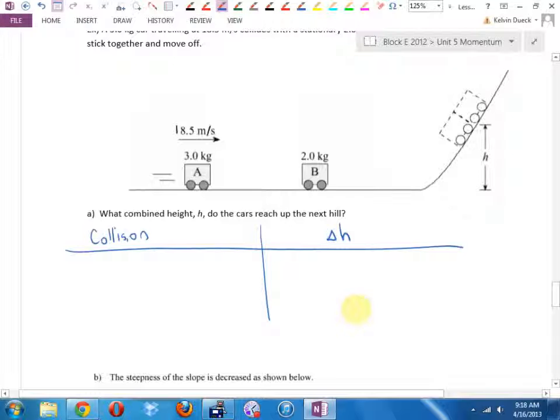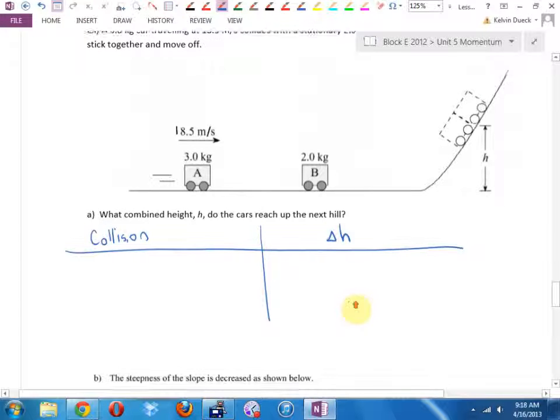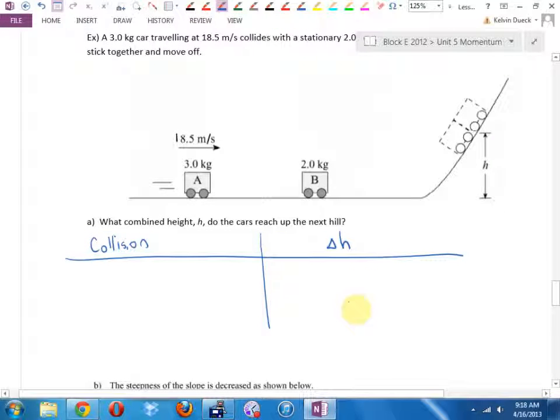Before the collision, what's moving? Mass A, mass B, or both? So momentum of A initial, when they collide. That's how Zach would say it. When they collide. After the collision, what's moving?